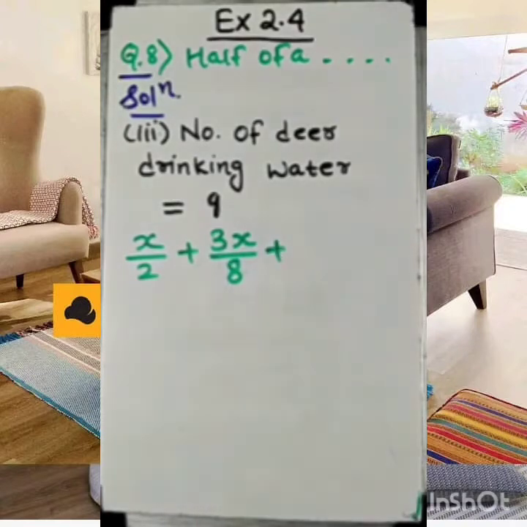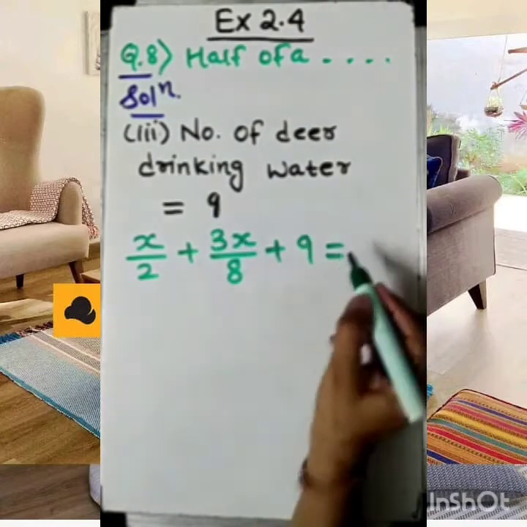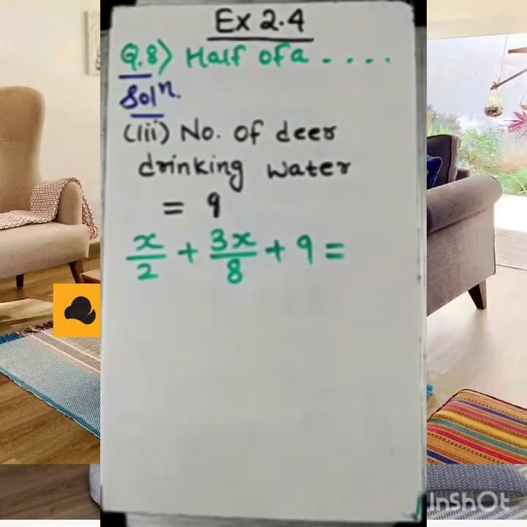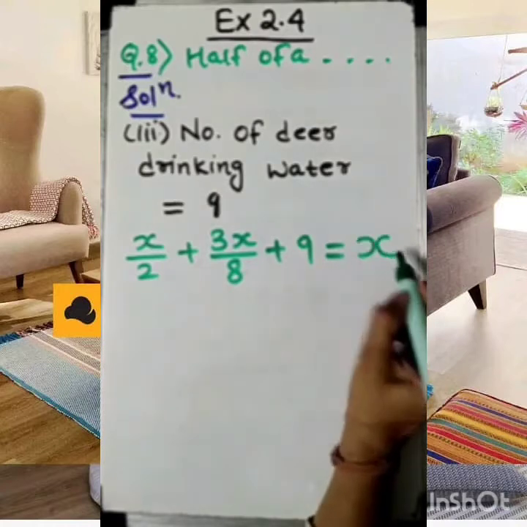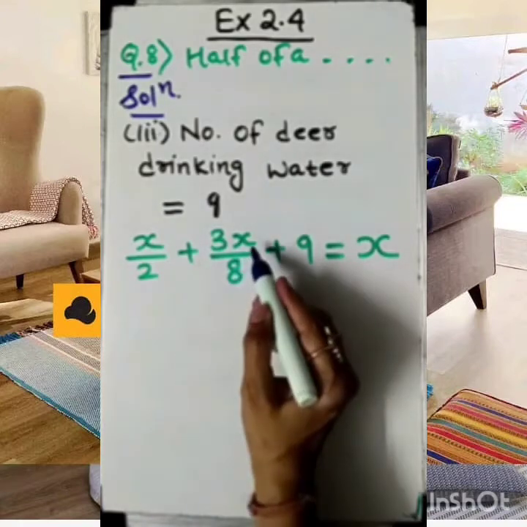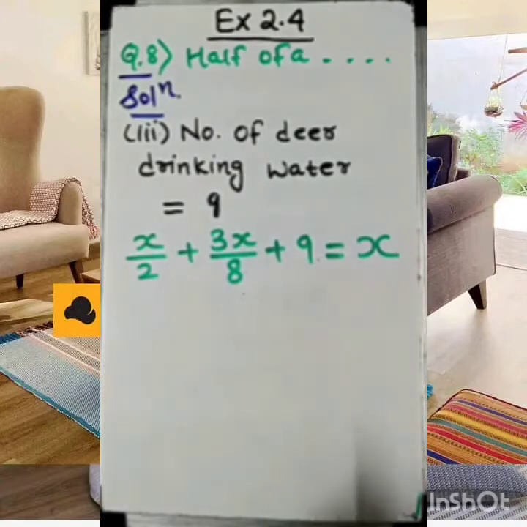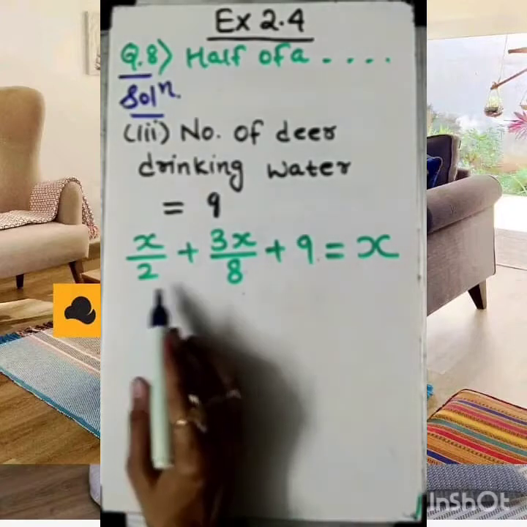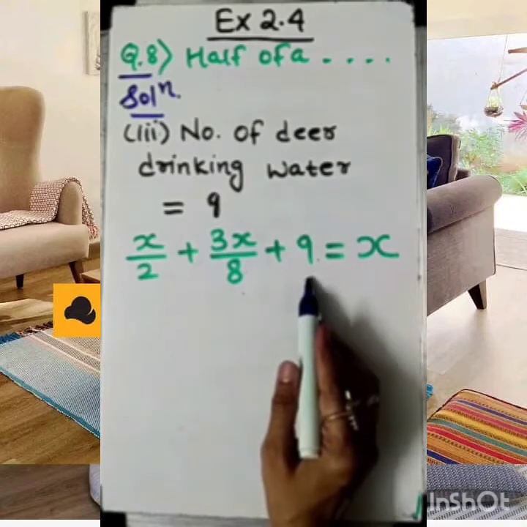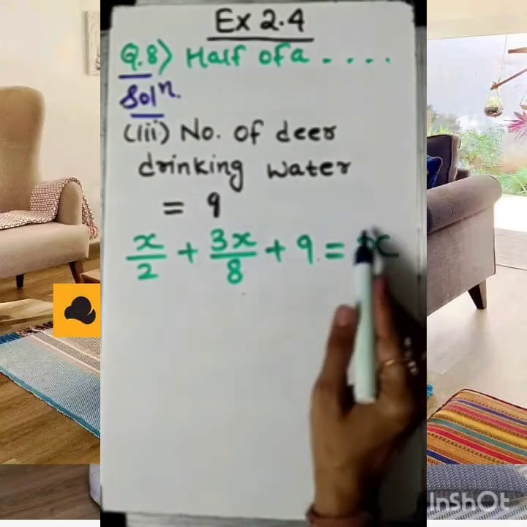Third category, drinking water, they are 9, and the total of all three is x. Clear to you? So my dear student, once again look at your screen. First type x by 2, then 3x by 8, second category, and third category 9 deer, and all these three types of deer together are the total number of deer, x.